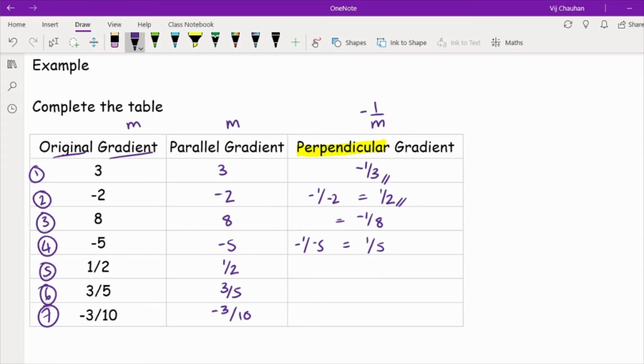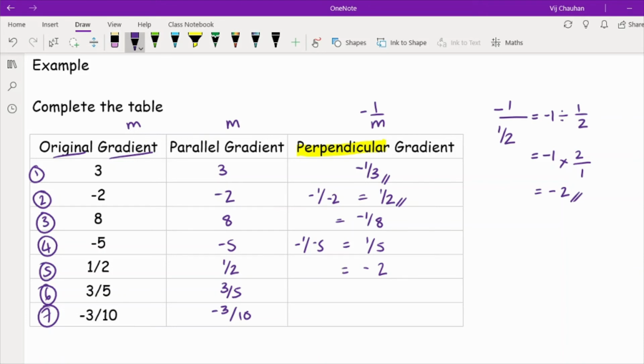Now when you've got a fraction, which is totally doable, we'll have -1 over 1/2. I can rewrite this using the division symbol, and using the rules of division with fractions we flip the second fraction, so -1 times 2 over 1, giving us -2. So the gradient for the perpendicular line when a gradient is 1/2 would be -2.